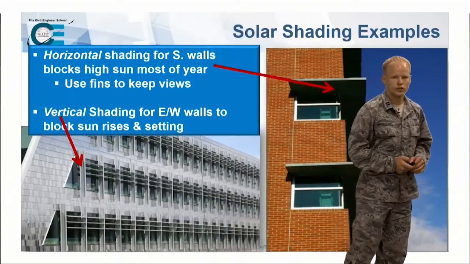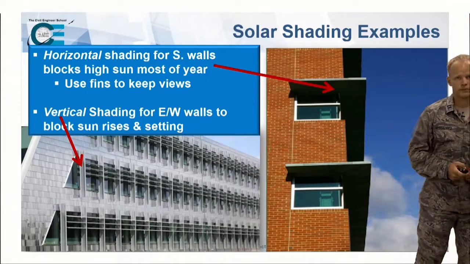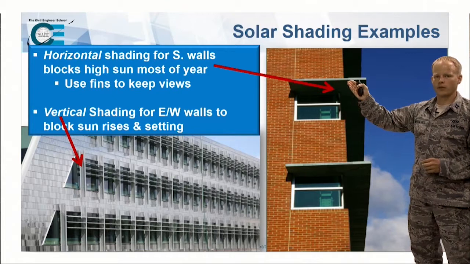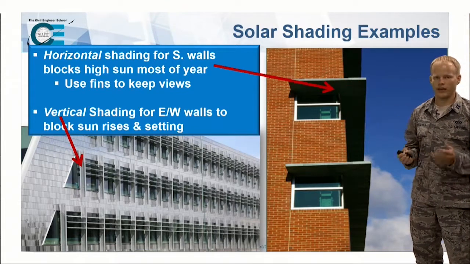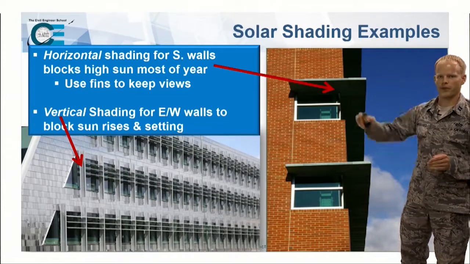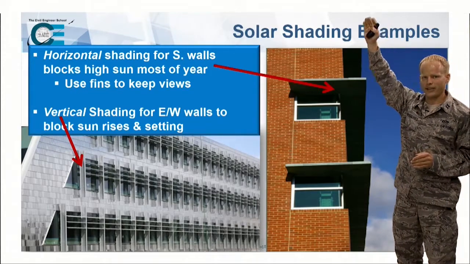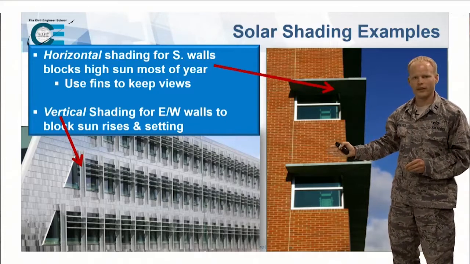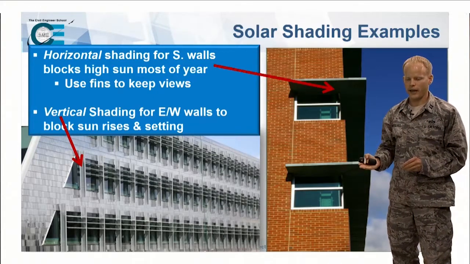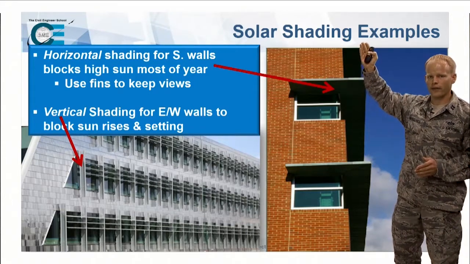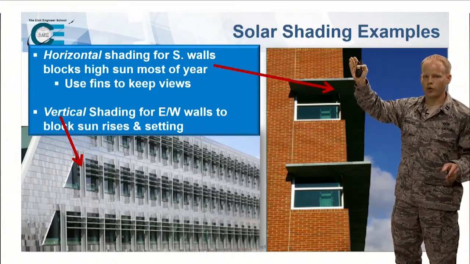Now for your solar shading example, you can see this overhang right here will protect your windows from the sun during the summer. When the sun is high in the sky, the sun will not shine into your windows. But when it's lower in the winter, you will allow that sun in, decreasing your heating load. But when it's high, you'll then block it, decreasing your cooling load.